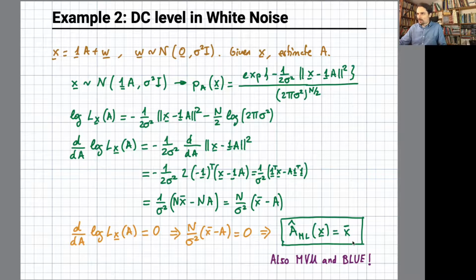Therefore, whenever our noise is Gaussian and we use the sample mean as an estimator for DC level, we have a triple theoretical support, right? Because this estimator is the MVU estimator, the BLUE estimator, and also the maximum likelihood estimator, as we just saw.